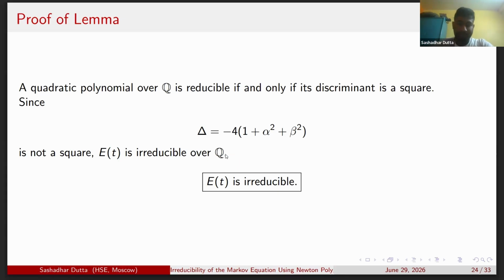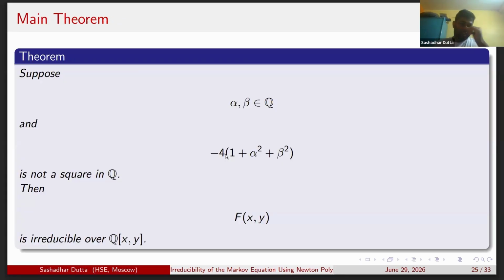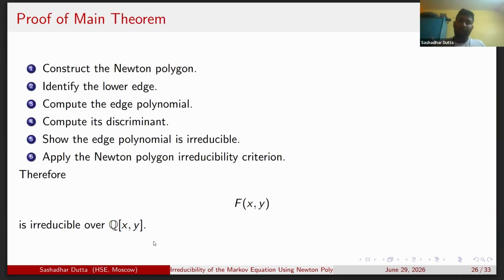So it is irreducible. Now the main theorem: suppose alpha, beta belong to Q, and our discriminant is not a square, then f(x,y) is irreducible over Q[x,y]. How can we prove this theorem? Basically what we did previously: we use the Newton polygon, put in the values, identify the lower edges and find the discriminant.